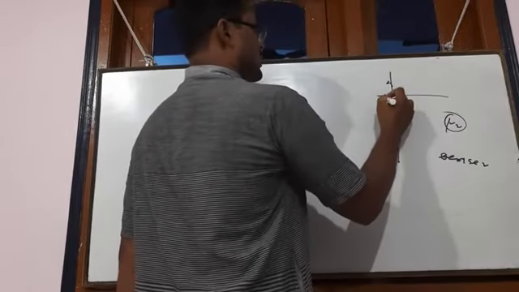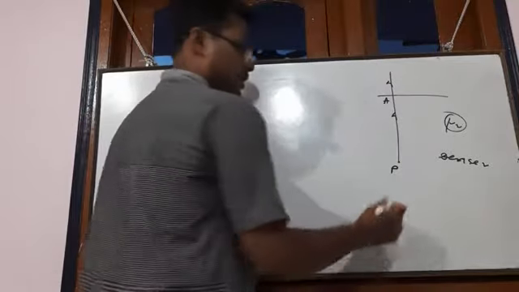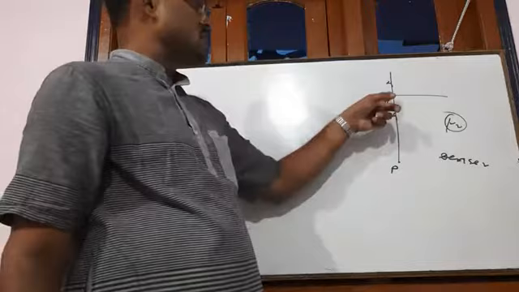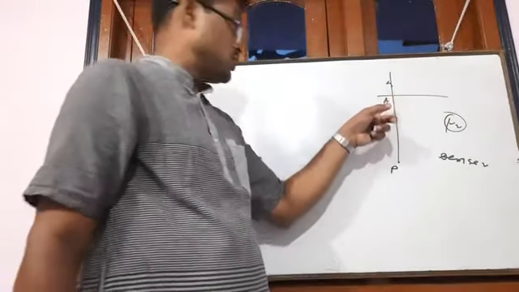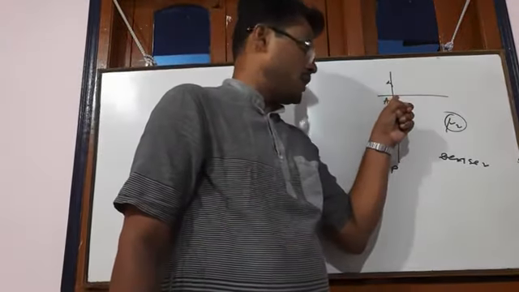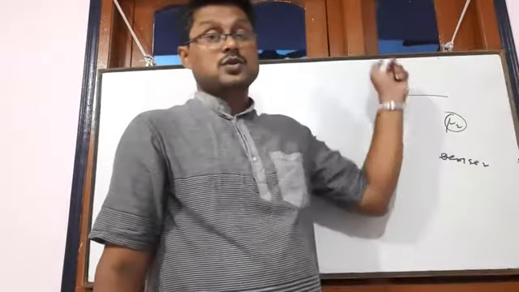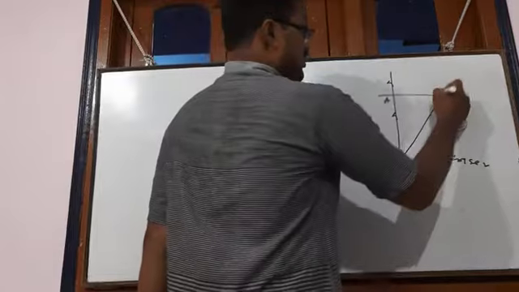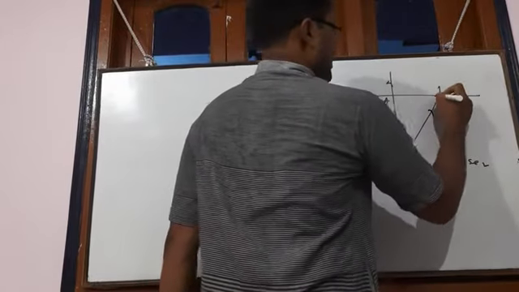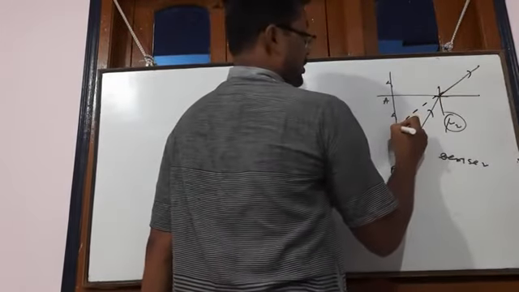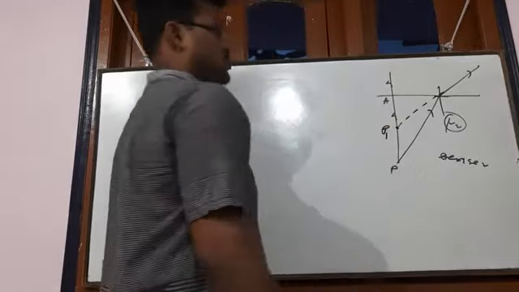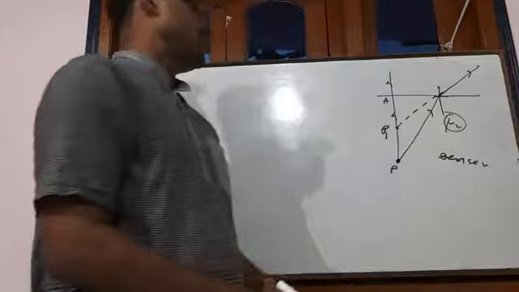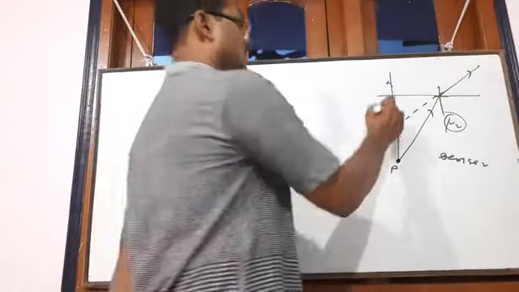A light ray is incident here normally and goes without change of direction to the rarer medium. Now another light ray is considered which is incident here and goes away from the normal, and when it is extended, it gives the apparent position. So this is the real position, this is the real object, and this is the apparent one. Let this distance be D.